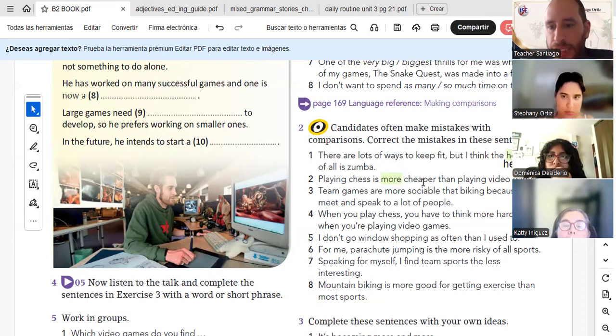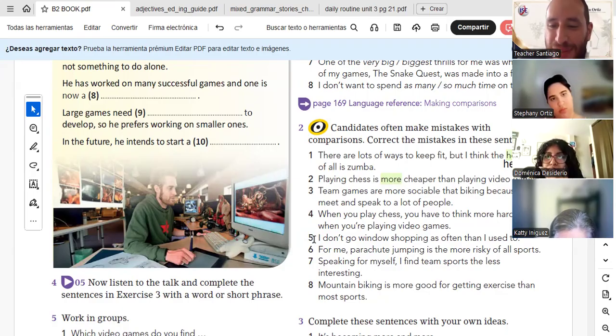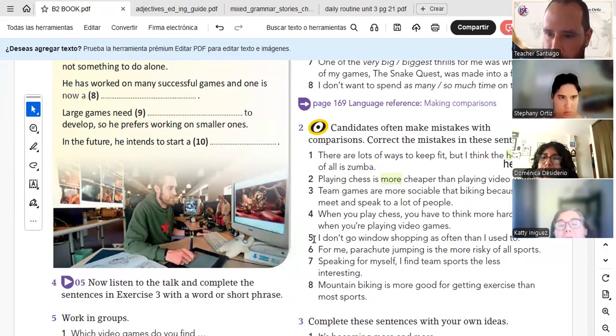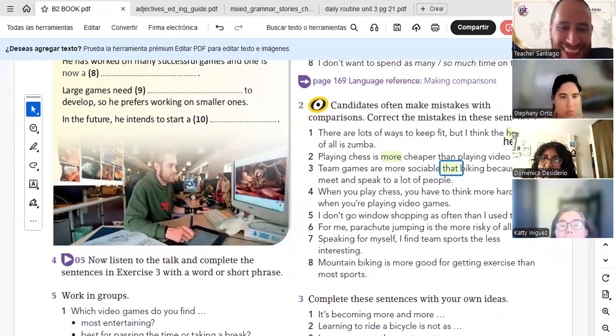Playing chess is cheaper than playing video games. Wonderful. Okay. Katie, number 3. Team games are more sociable than, no, con N sería, than biking because you meet and speak to a lot of people. Good. You're on fire. Diego.